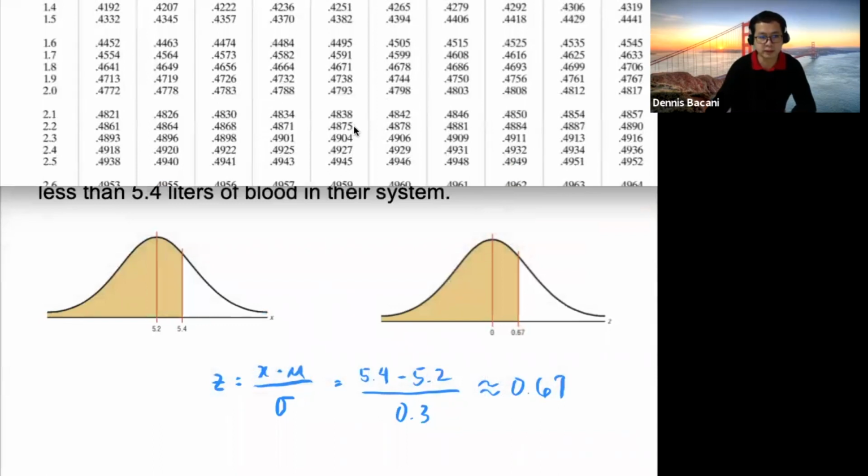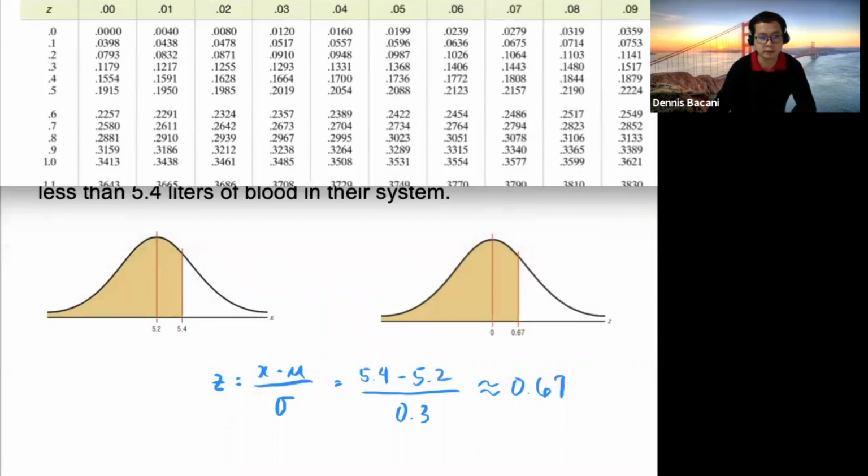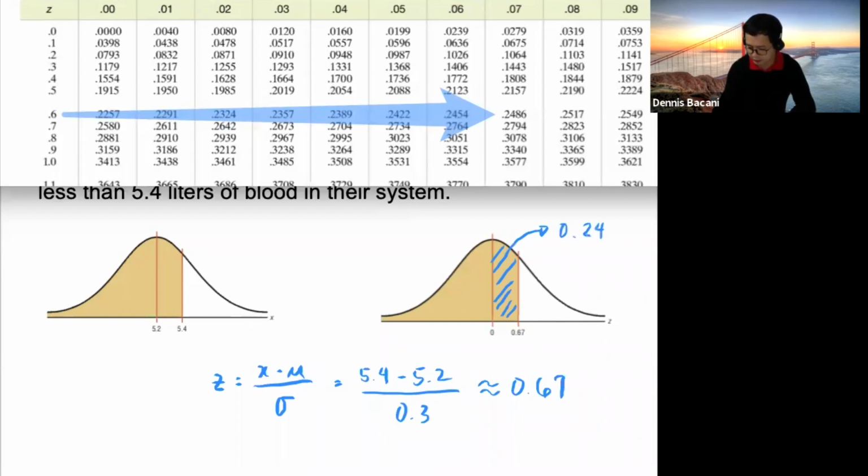So 0.67, let's look at our Z table here. So you have this one here, 0.6 and then 7, which is equal to 0.2486. So if you're using our table in class, then that means this region here is equal to 0.2486.